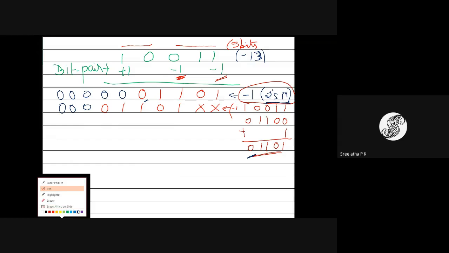Next I have to multiply by plus 1. When there is plus 1, it is the multiplicand directly, from the fifth position. So from the fifth position, it is directly the multiplicand, since I'm multiplying by plus 1.